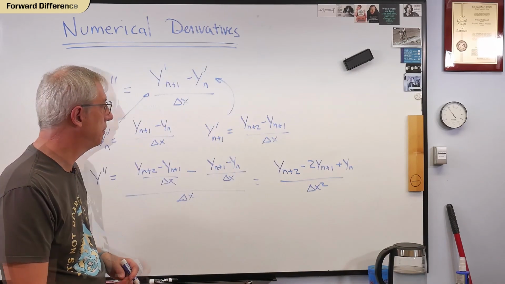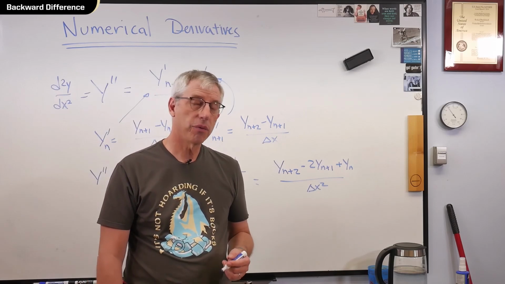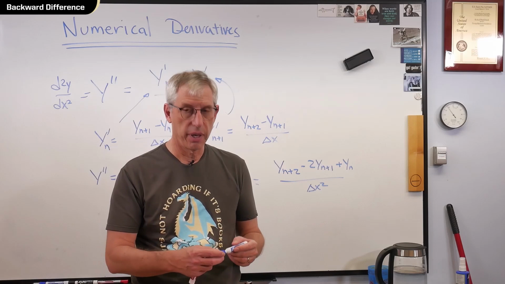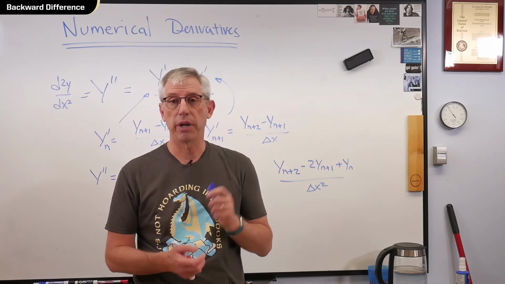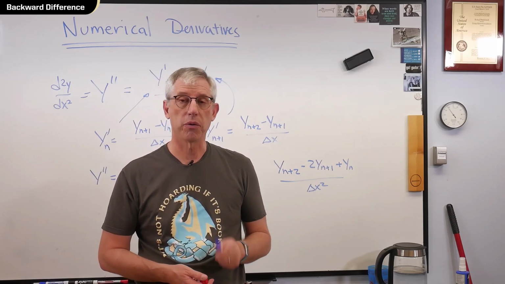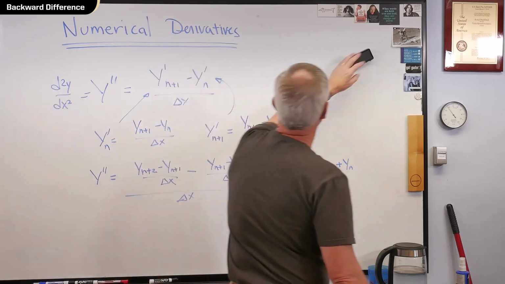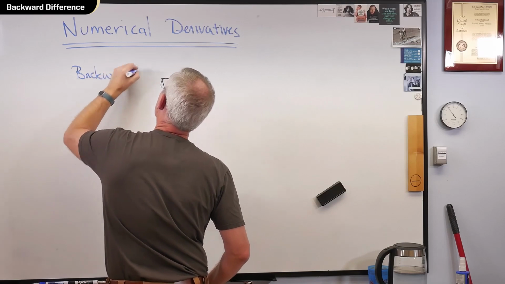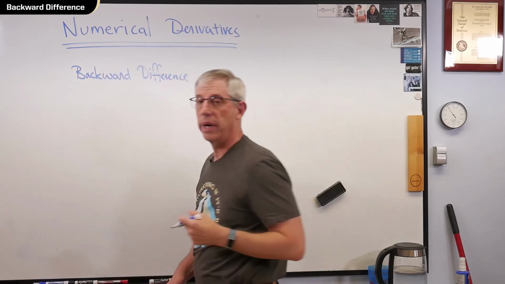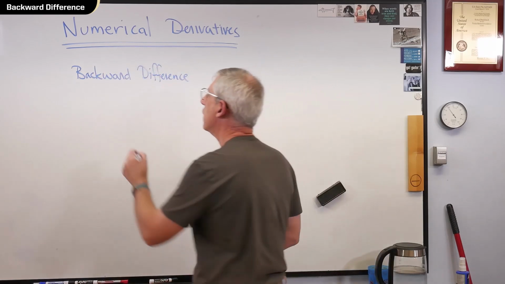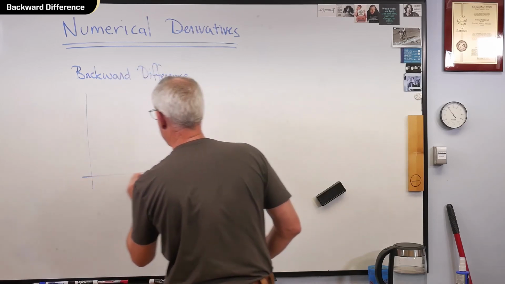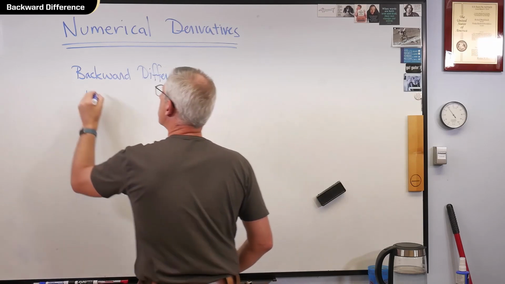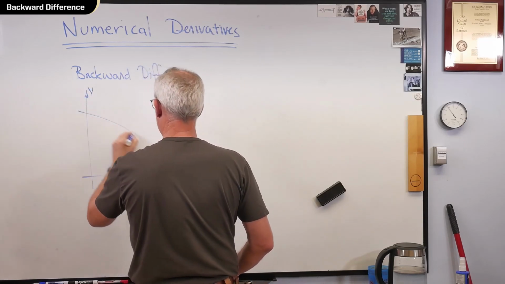No problem. Well, I keep saying forward difference. Is there such a thing as a backward difference? Sure, and it's just what you think it is. I'm going to erase my board again and write this down real quick before we move on to MATLAB. Backwards difference: I'm going to take this same idea of looking at a curve where that's x and y, just like I did before.